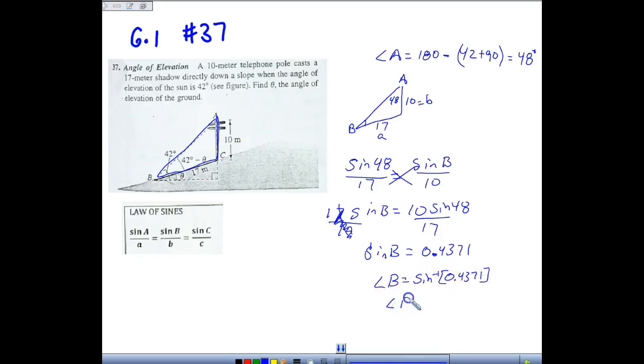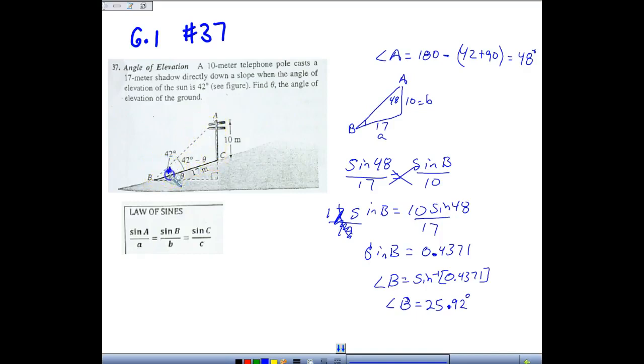I plug that into the calculator, and I get an angle of 25.92 degrees. What we just found is this little angle here. It's not angle B from the right triangle, but angle B from the smaller triangle that sits on top.